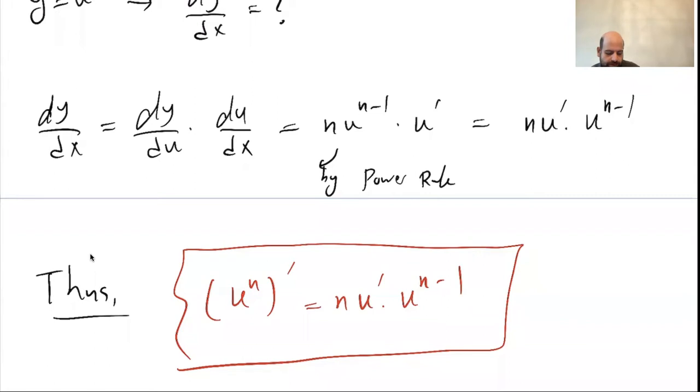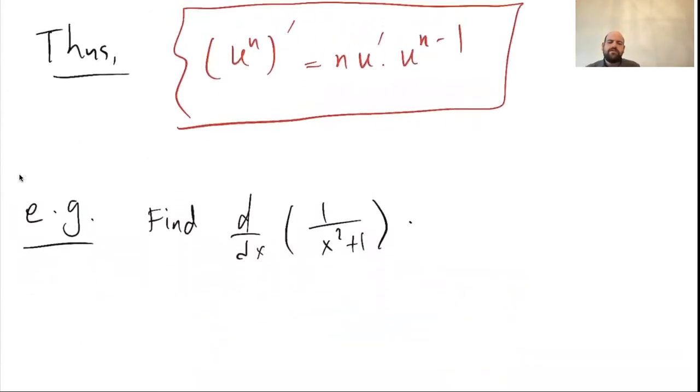So for example, let's find d over dx of 1 over x squared plus 1.